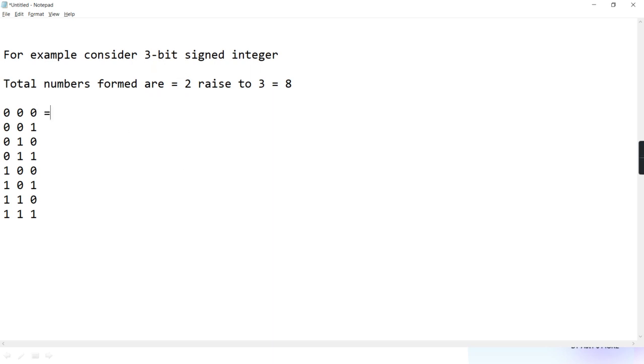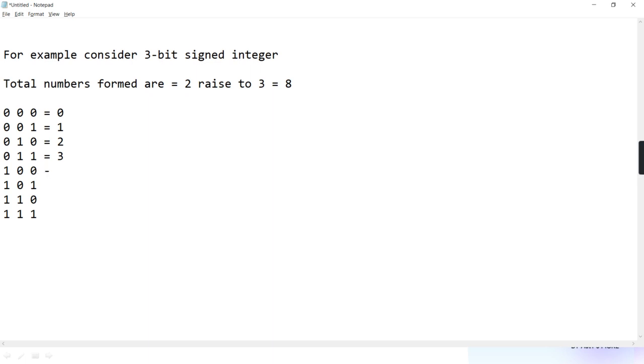Now tell me, if I convert it to decimal, am I supposed to directly convert to decimal? Yes, because the sign bit is 0, therefore it is positive. So am I supposed to convert into 2's complement? No. Directly convert. I got 0, 1, 2, 3.